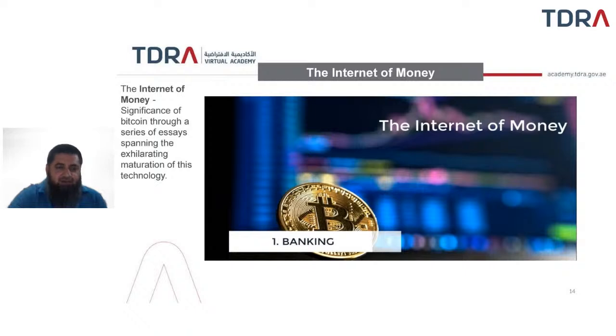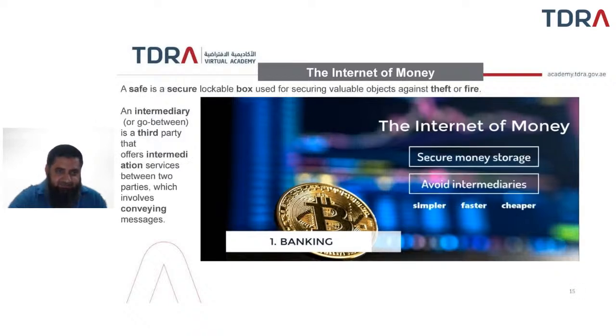But when we talk about cryptocurrencies, we say this is the internet of money. It means if we have internet and want to buy something, we don't need credit cards or paper money. We can just use the internet to buy some assets or to sell our digital assets with the help of blockchain and cryptocurrencies.